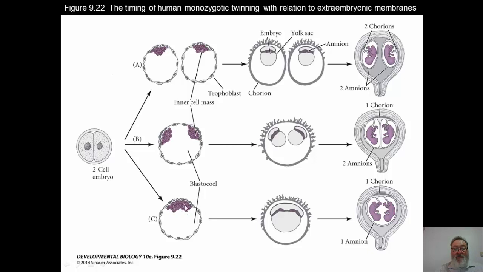And if it happens quite late in development, then they're within the single blastocele, and they're joined early so that they form a single amnion. At that point, then, when they are embedded in the uterus and form the placenta, they have a common placenta. They have umbilical cords that are separate, of course, since they're two individuals, and at this point, they of course are identical individuals again, but within the same amniotic sac.